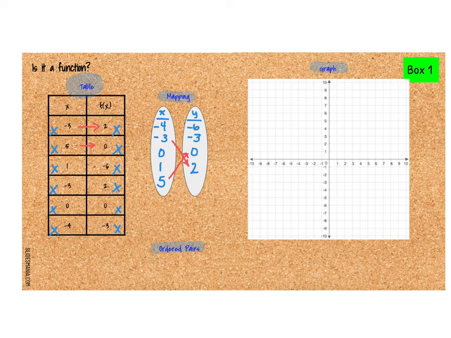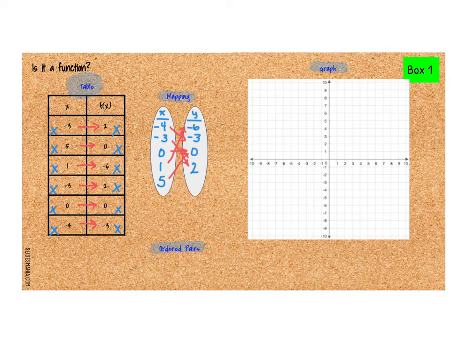Then I have 1 to -6, so I'm going to draw an arrow from 1 to -6. Then I have -3 and 2. Even though I already have it, from -3 to 2, I don't have to write it again. And then I have from 0 to 0. And finally I have -4 to -3. So that's how we do mapping.